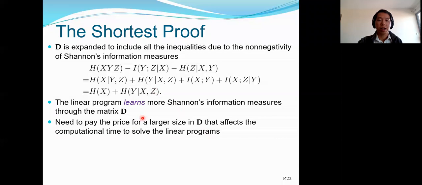However, we need to pay the price that if we use a large matrix D, then the computational time will be longer because the size of the matrix is bigger. Then it takes more computational resources.